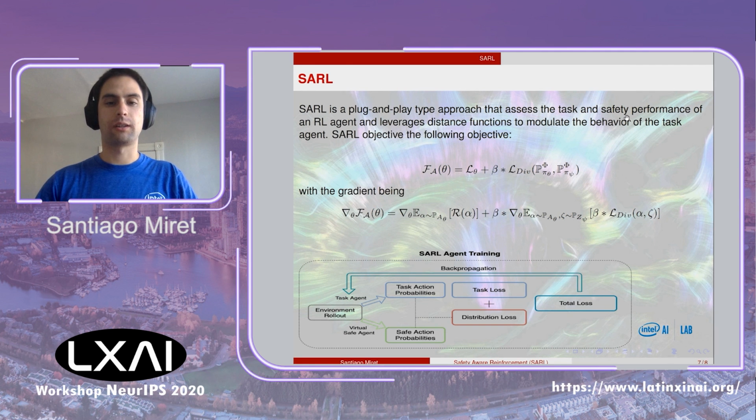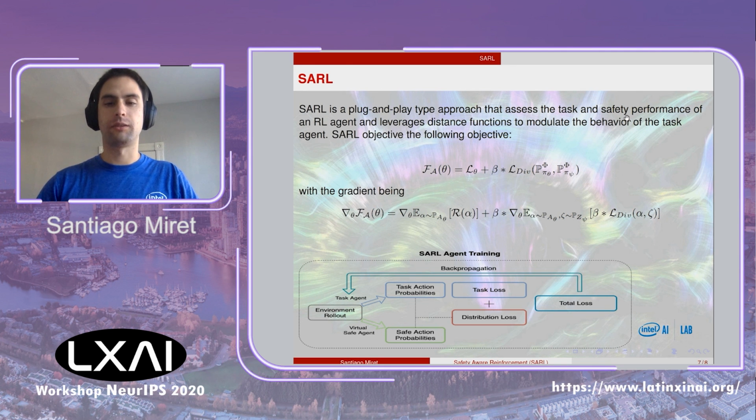We want to take a probabilistic distance between them, and then we can add that distance to the loss formulation of our RL agents, and that will help us have an agent that is both aware of the task as well as of the safety requirement. We summarize this in this figure right here, where for every environmental rollout, you will have task action probabilities and safe action probabilities, and you put them together into your total loss function.